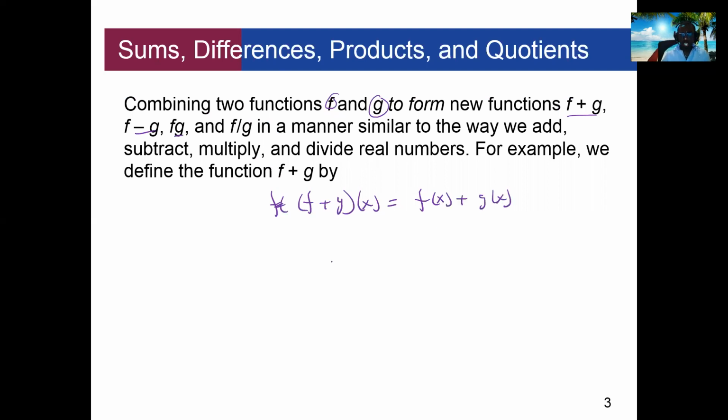Now, I want to note that this is not the same as distributing the function, because a function is a name. If you have f of x plus y, we don't write this as f of x plus f of y, because f is a name, it's not a number that you can distribute over.